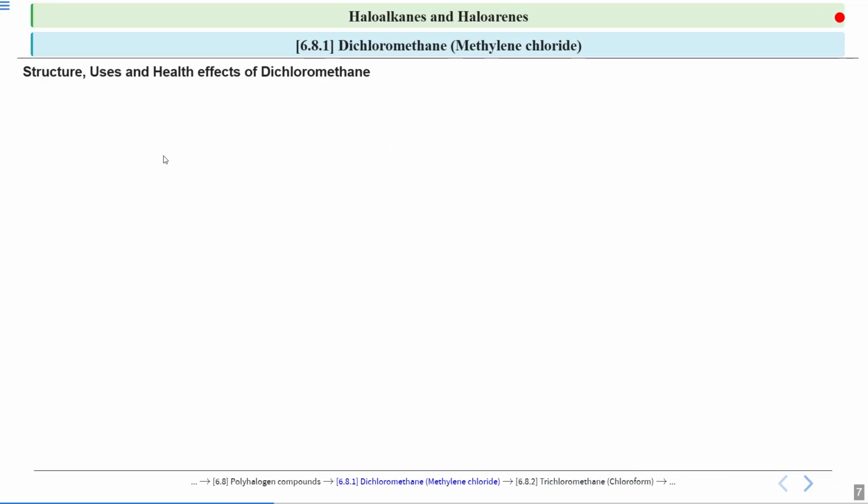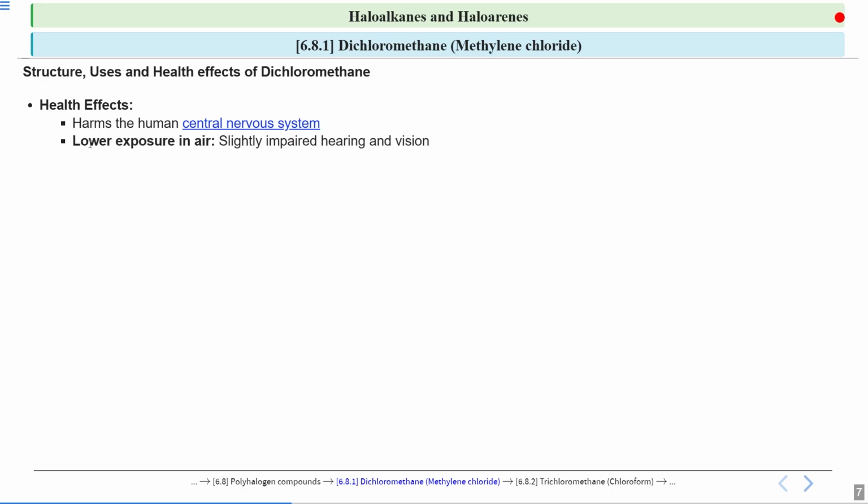Now, if we talk about the health effects of dichloromethane, it harms the human central nervous system. If you take it in a lower amount through air, that is, if it is present in lower exposure in the air, it can slightly impair the hearing and the vision capability.